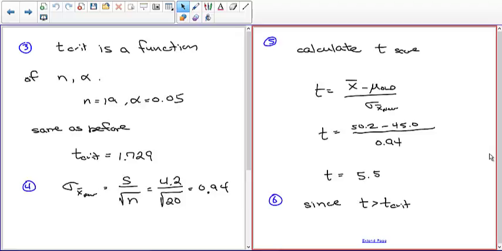So this is my sample t-score, 5.5. My critical t-score is 1.729. Since this t-score is greater than the critical t-score, it puts us out in that tail. And based on that result, we can make this conclusion.